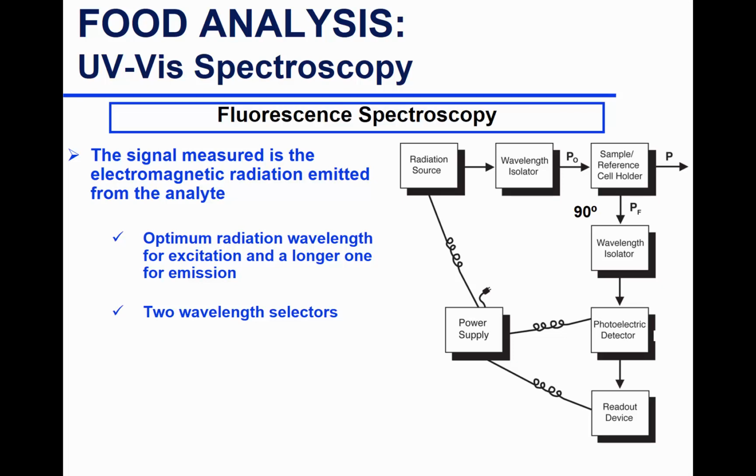At a 90-degree angle, we project the emitted light. That means the fluorescence. And it goes through another monochromator or wavelength isolator. So we have an excitation wavelength and we have an emission wavelength that we are going to measure at. So we select the excitation wavelength and then we select the emission wavelength to be analyzed. So when we set up to measure fluorescence, we always have to set up two lambdas, one for excitation and one for emission.